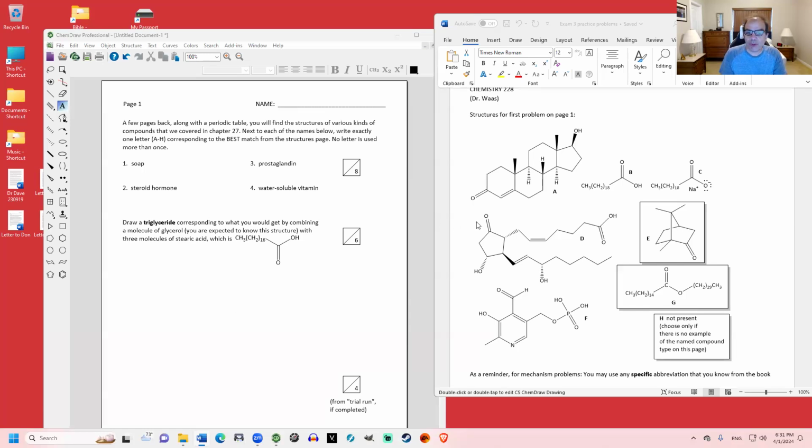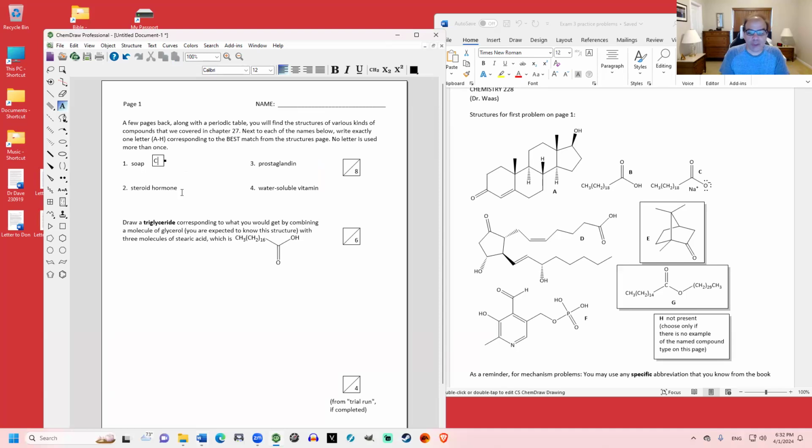So you're looking for a fatty acid, except instead of COOH, it's COO minus, and that's compound C. That would be a soap. The sodium salts tend to be solid soaps. The potassium salts tend to be liquid soaps. So the soap is C in this case.